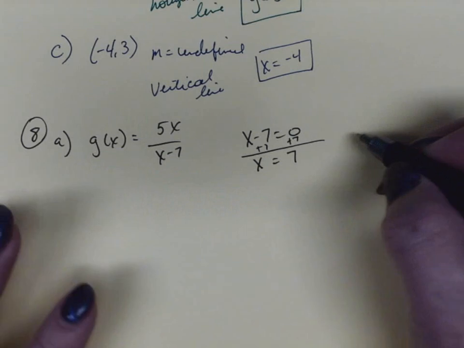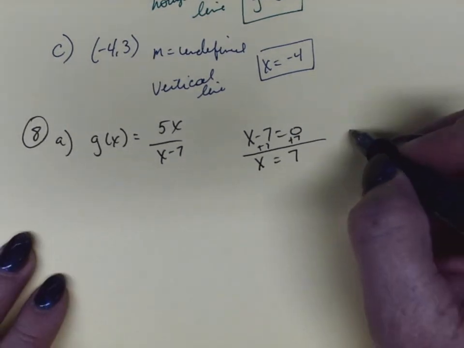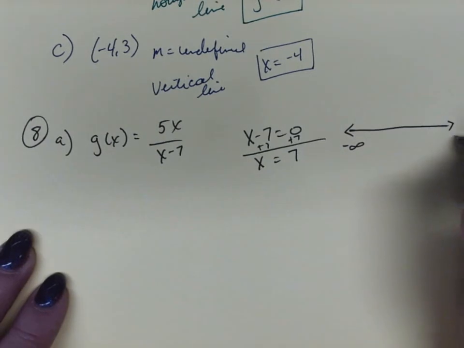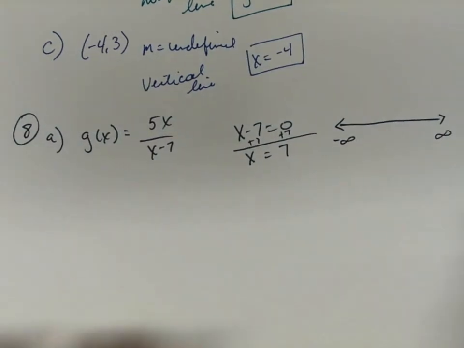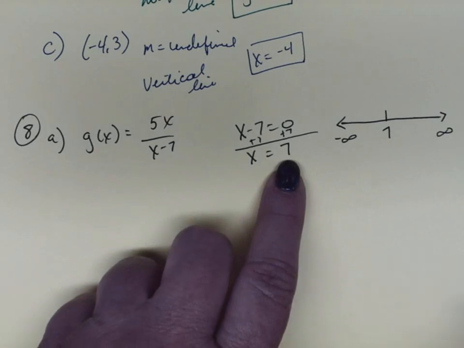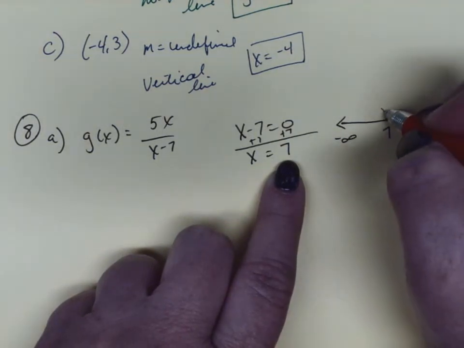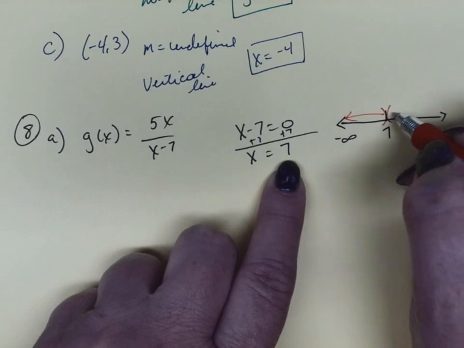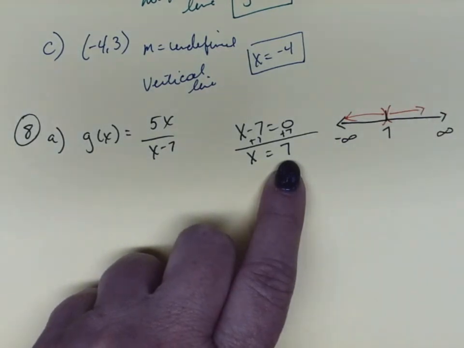So that means I'm going to find my interval notation. I find the easiest way to do this is to graph. I'm going to start with a graph of negative infinity to infinity, and I'm going to put that 7 in there. Now my interval can be any value except that 7. So it can't be equal to the 7, but it can be everything less than 7 and greater than 7.